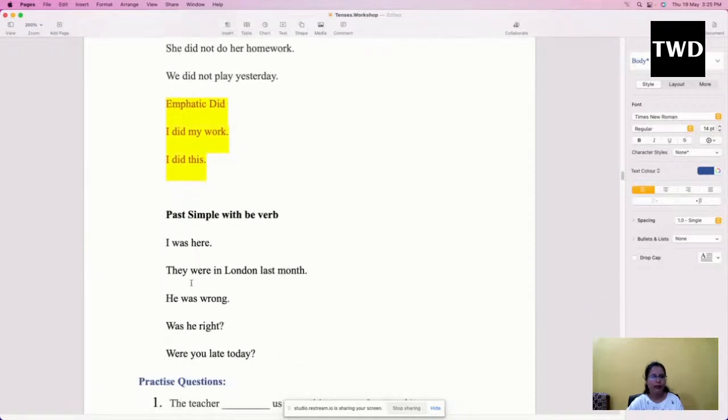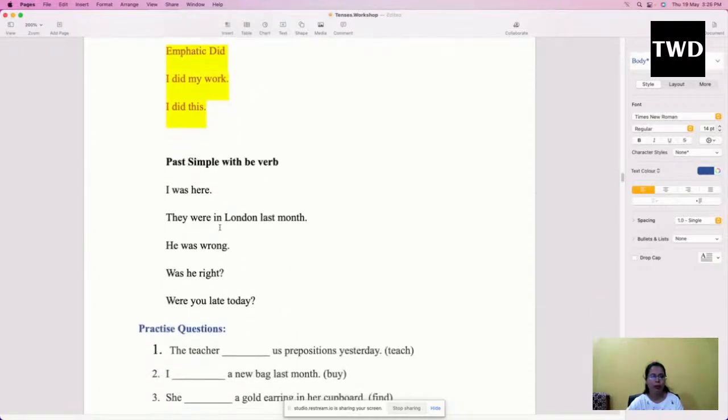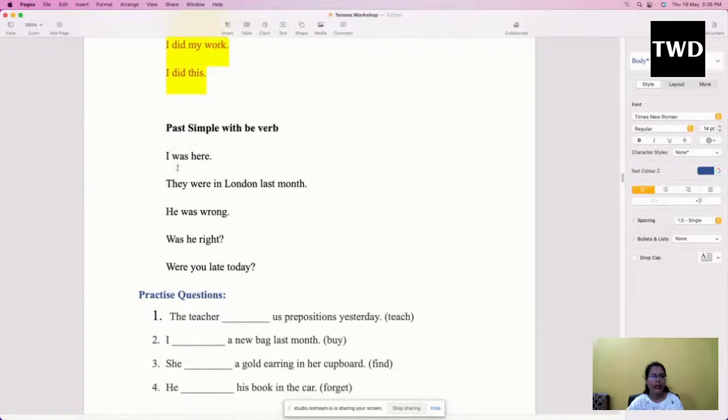Past simple with be form of the verb. I was here. Was is the be form of the past verb. They were in London last month. He was wrong. Was he right? Were you late today? Yes.